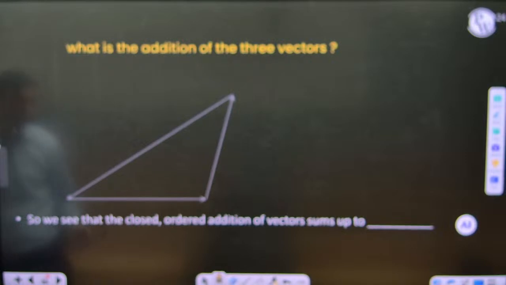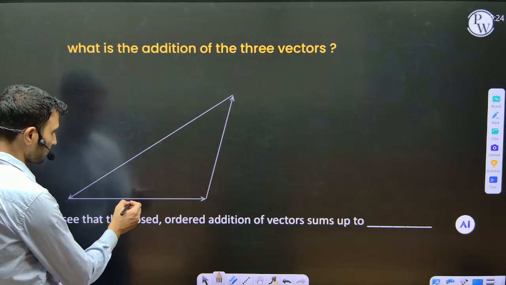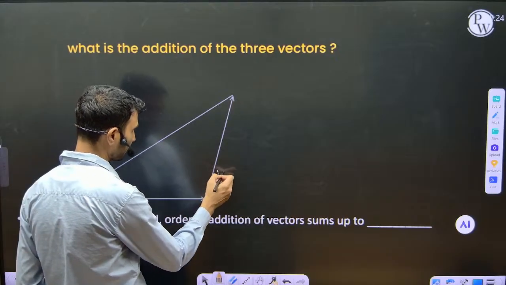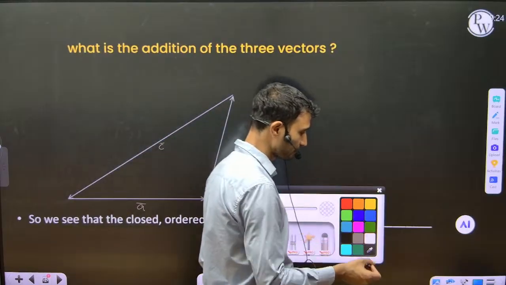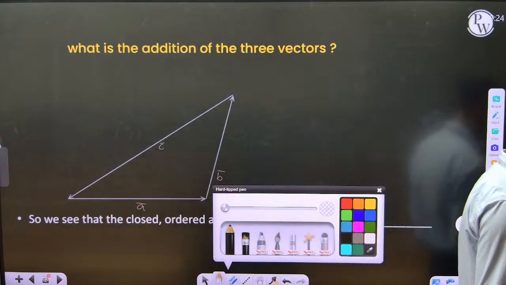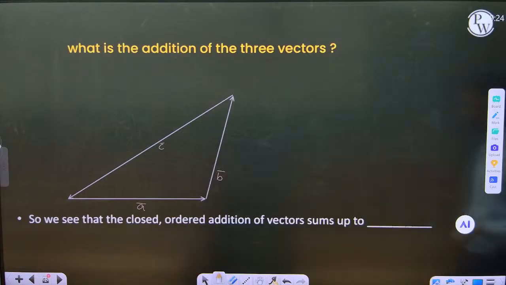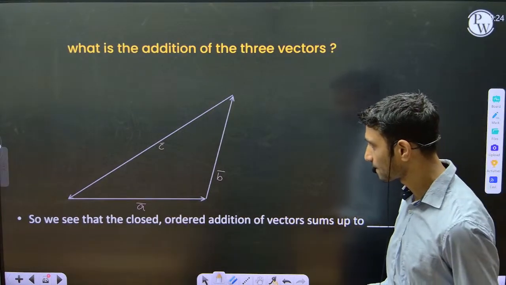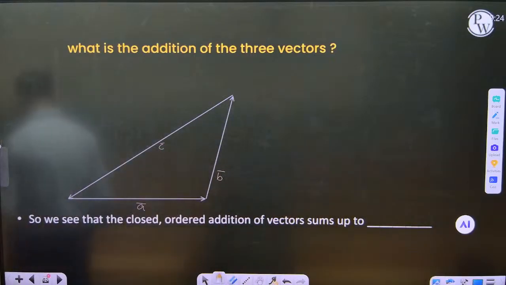Next, what is the addition of these three vectors? A vector plus b vector plus c vector. What is the addition of all these vectors? Think and tell me. If you add these three vectors a, b, c, what is the sum?